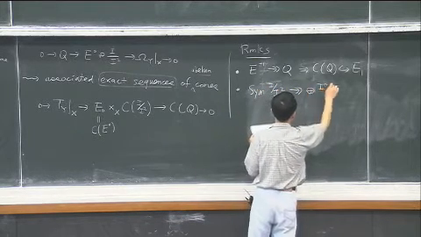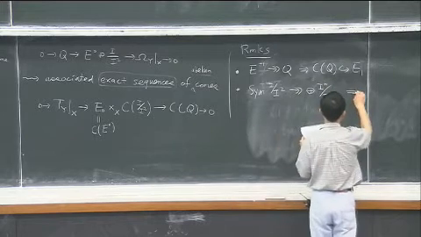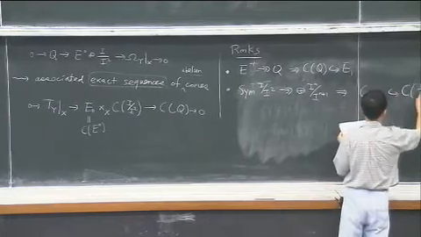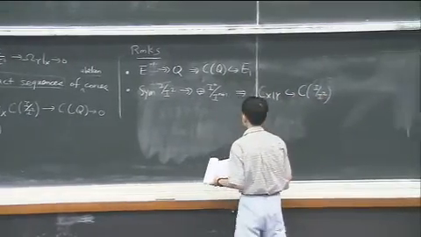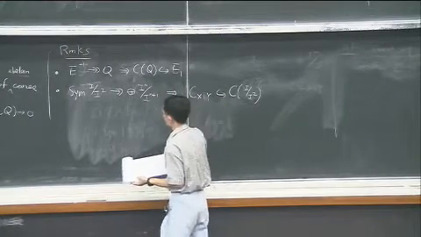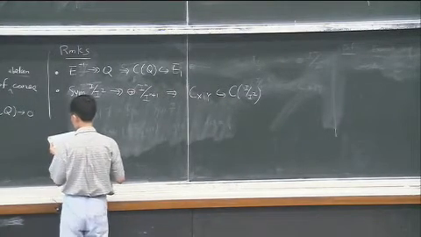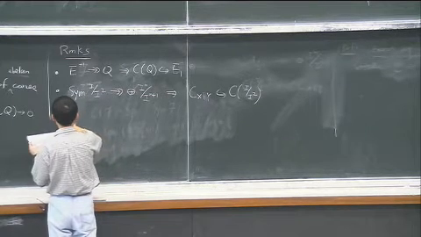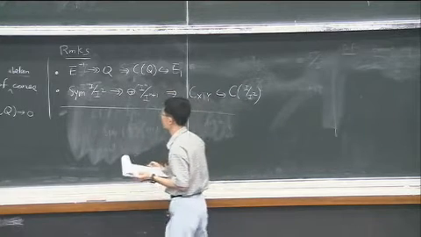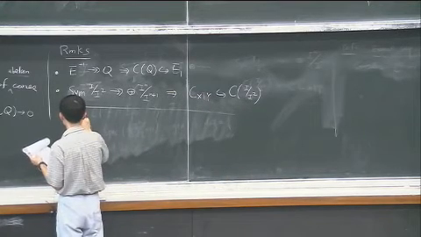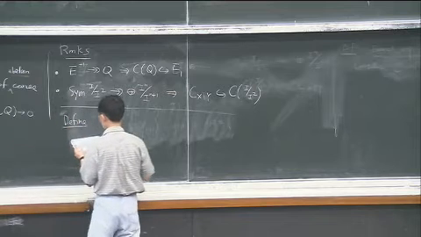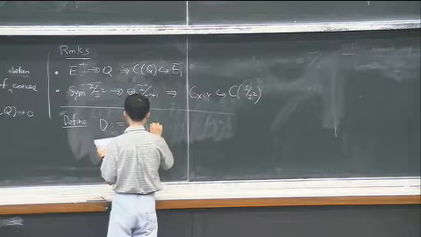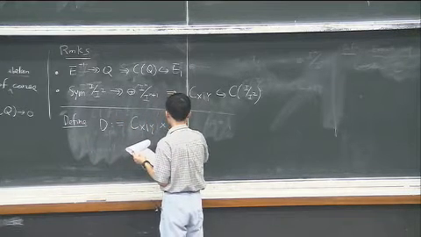Surjective also means that the cone is defined by that, and this is defined by that. Okay, so those are two remarks. And then I'm going to define D to be the normal cone of X in Y, fibered over E0.